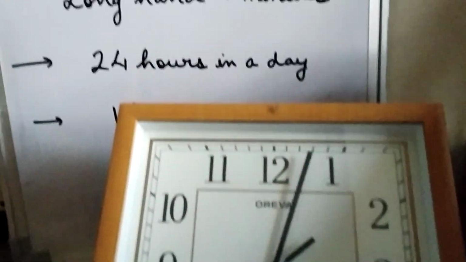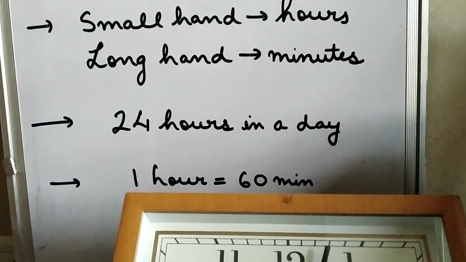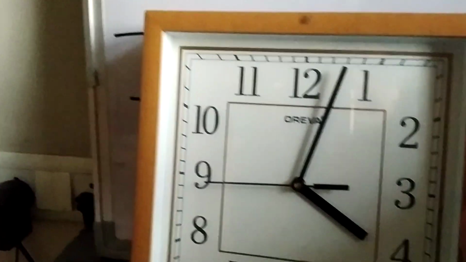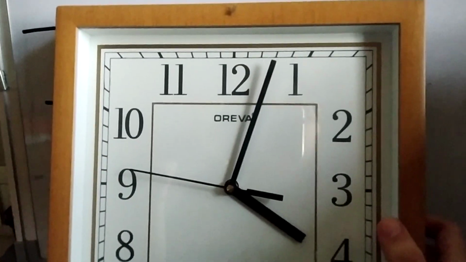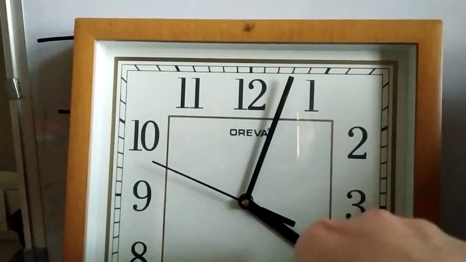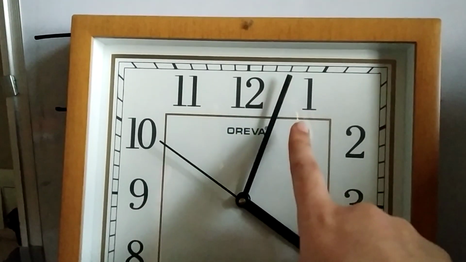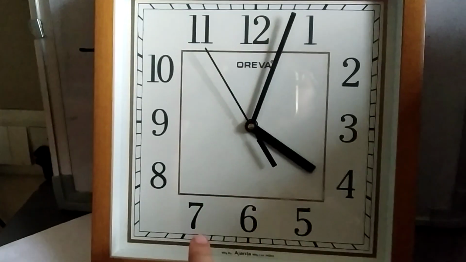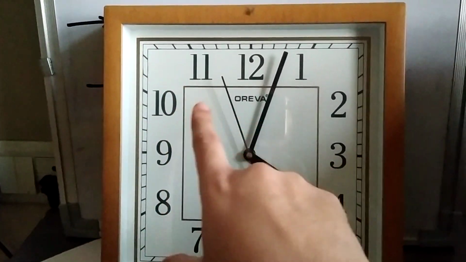Remember this thing children, there are 24 hours in a day. So how many hours are there in a day? There are 24 hours. For example, we are moving from 12. This is 12. 1, 2, 3, 4, 5, 6, 7, 8, 9, 10, 11, 12.